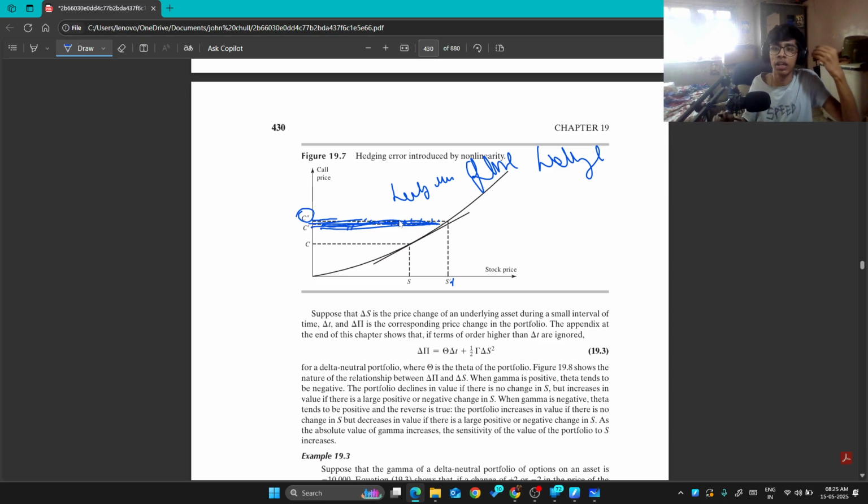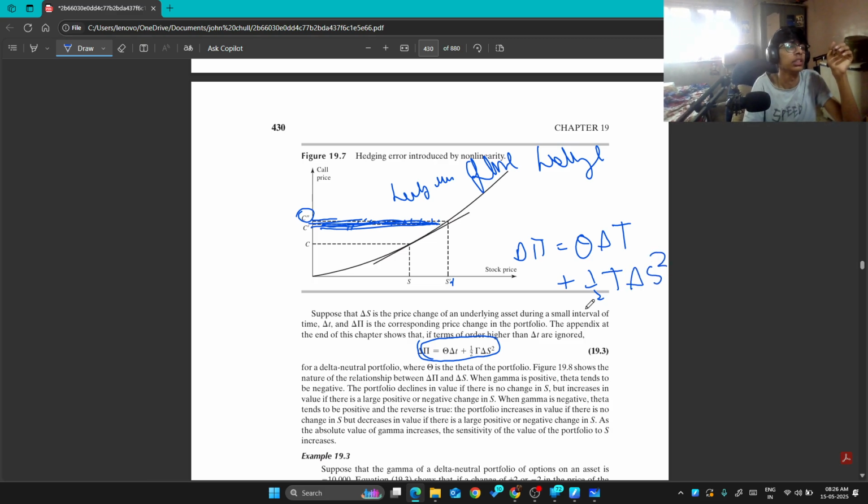Because we are hedging with respect to the change of delta, and delta is the change of call option price or derivative price with respect to asset price. You can remember that the rate of change of the portfolio depends on theta delta t plus gamma delta s square, and this is derived from the Black-Scholes differential equation.